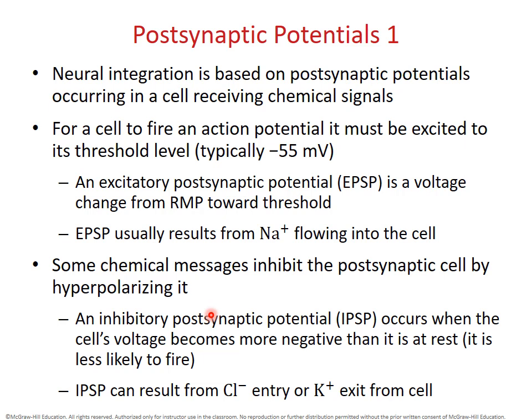Others might be causing inhibitory postsynaptic potentials all at the same time. And so what ultimately arrives at the trigger zone of that single postsynaptic cell is some combination of all the different EPSPs and IPSPs that might be occurring at its dendrites and cell bodies simultaneously.